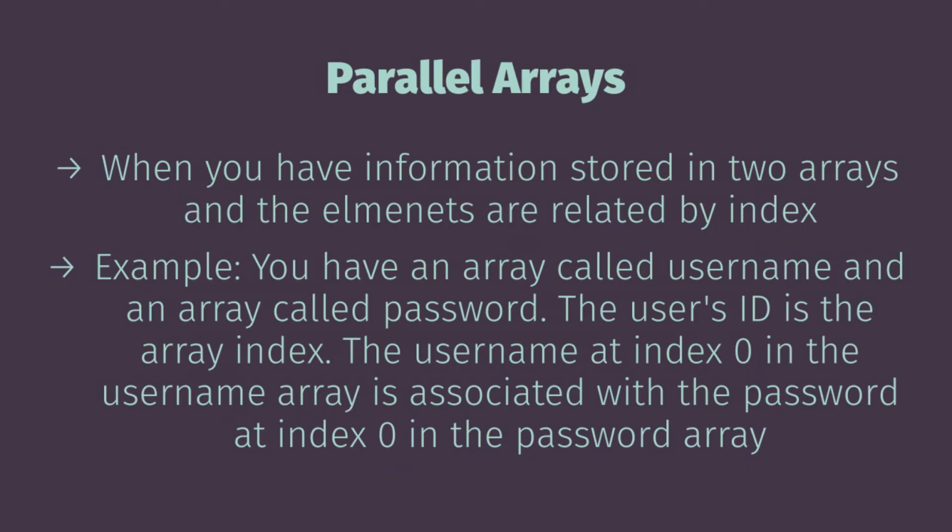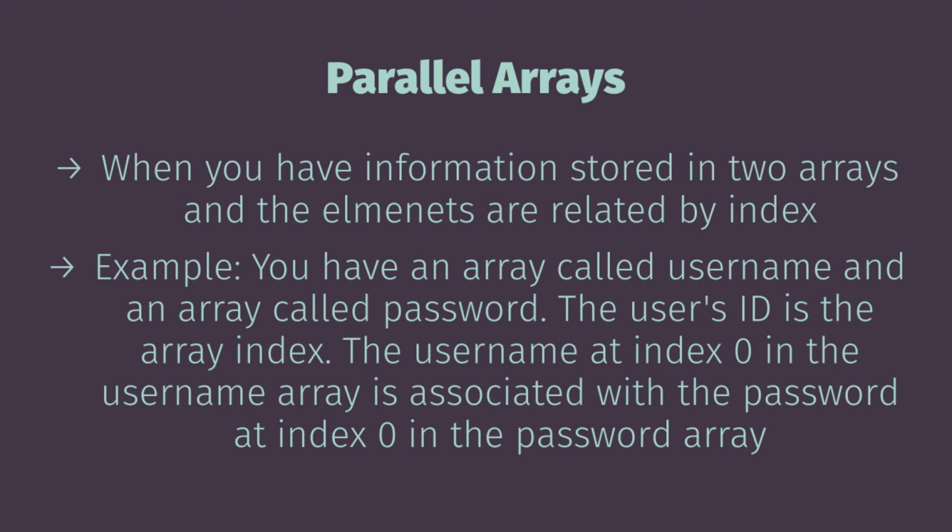One final thing that we'll talk about is this concept of parallel arrays. What's a parallel array? Well, if one array is good, two arrays is, well, twice as good, I guess. I don't know. But sometimes it makes sense to have two arrays.